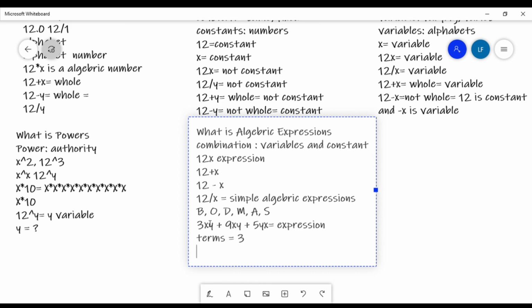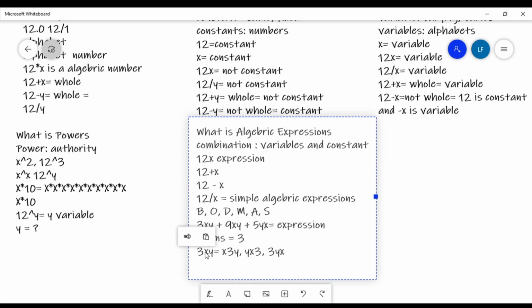Another thing to note is that if you're going to multiply, then you can jumble up the entire thing. For example, this term is written as 3xy. We can also write it as x3y, or yx3, or 3yx.